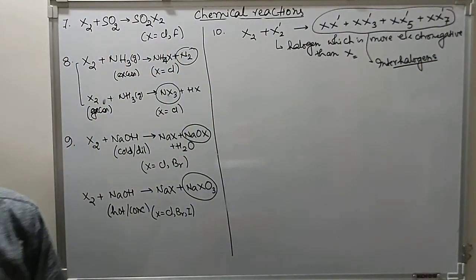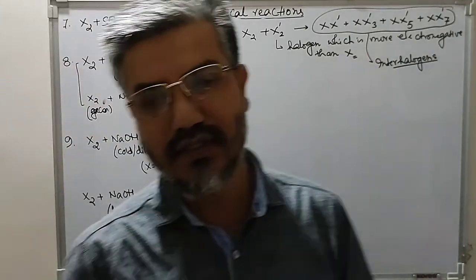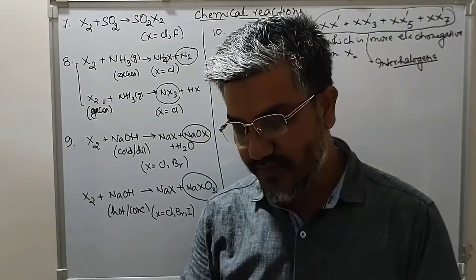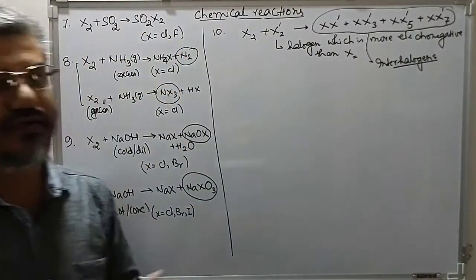So compounds formed between halogens are known as inter-halogens.